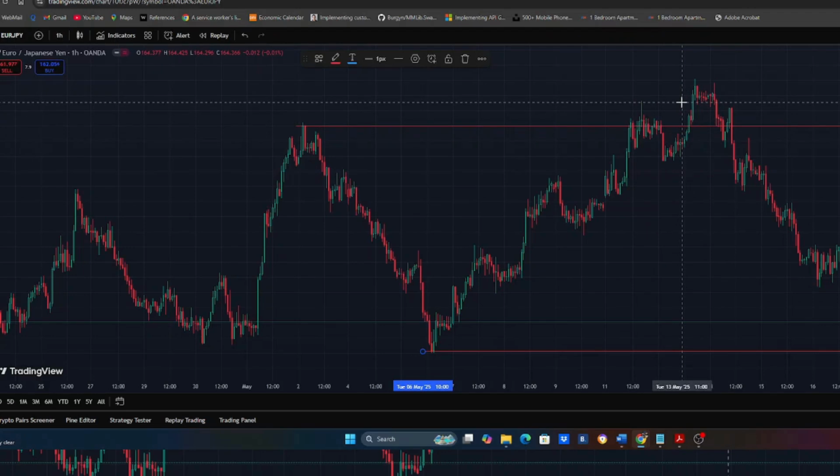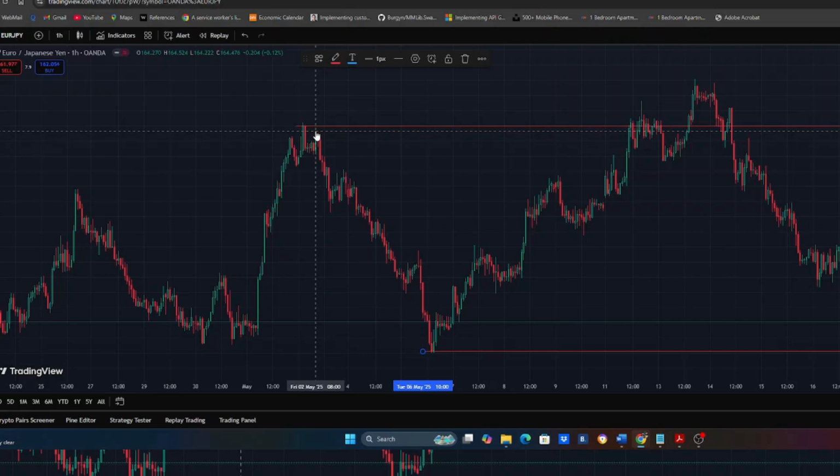So now that we know that support and resistance on its own is not enough to trade, right? We are trading using support and resistance, but it's not enough. We need more evidence that the price is going to go down. The first one is this: okay, the last time the price was in this area, it went down.